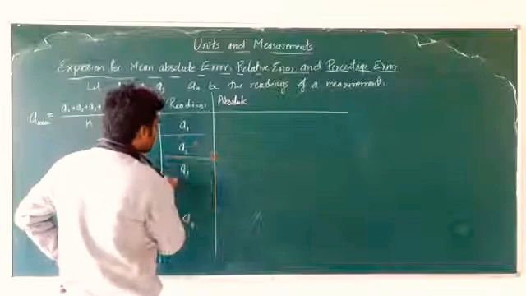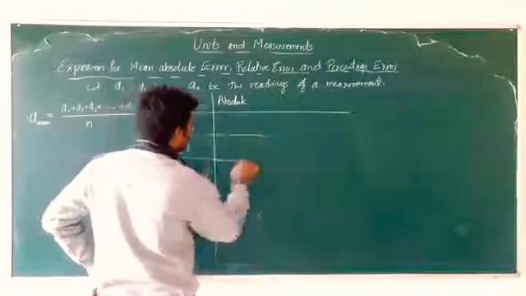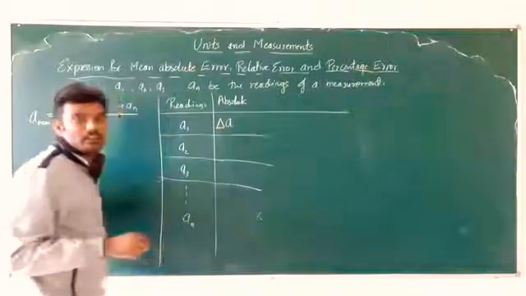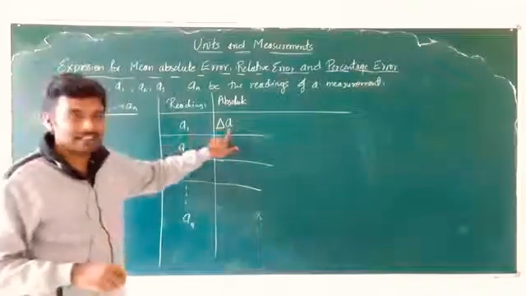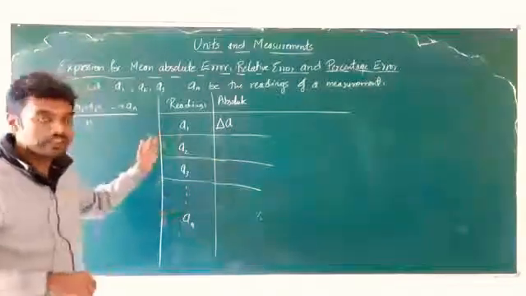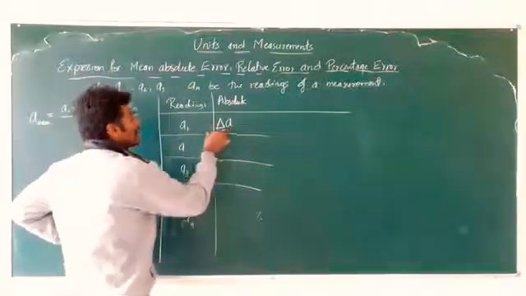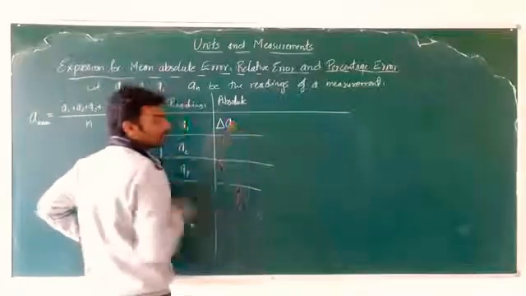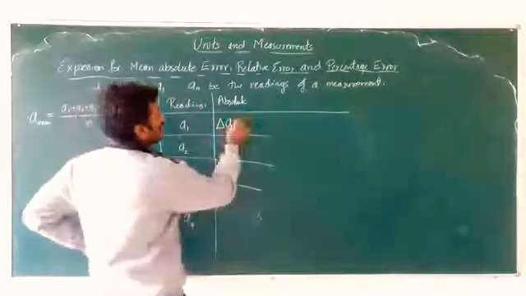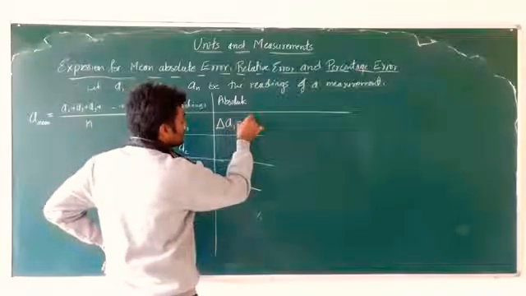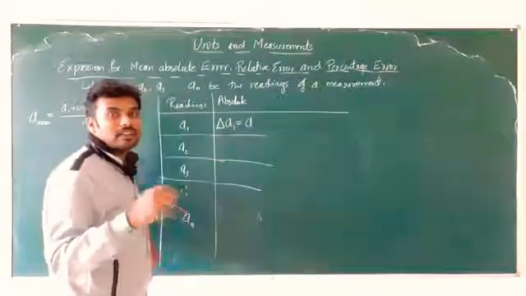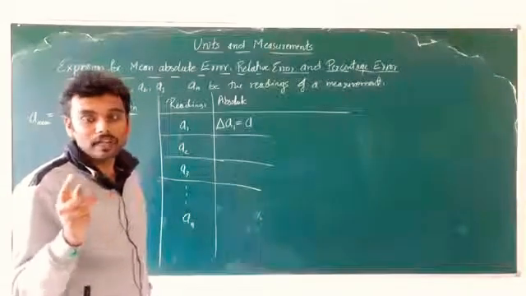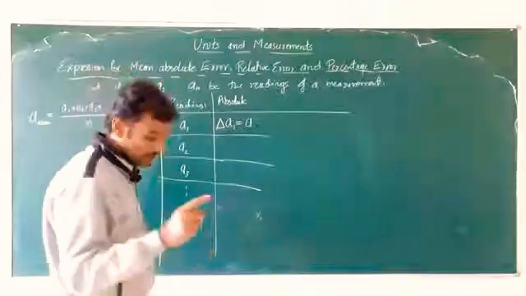So now, the absolute error of an individual reading. Each reading will have its own absolute error, isn't it? That is delta A. Delta A is the error of a reading here. So since the measurement belongs to the first reading, I can take that as delta A1. Error is always the difference between the true value and the measured value, right?